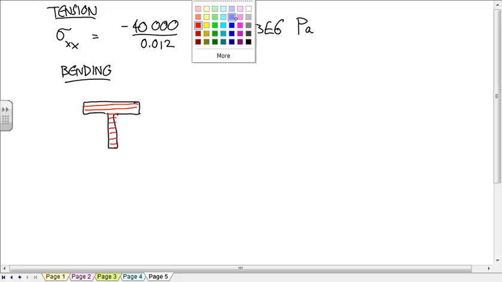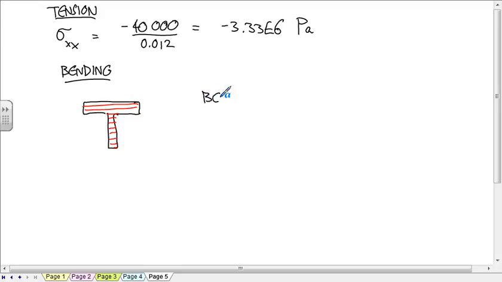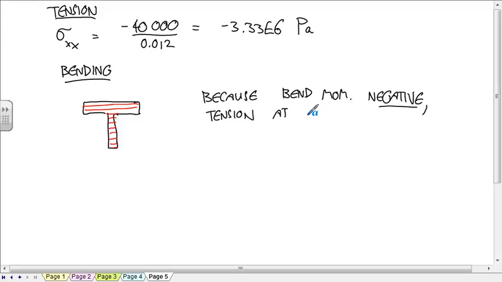So because the bending moment is negative, we're going to have tension at the top, compression at the bottom.